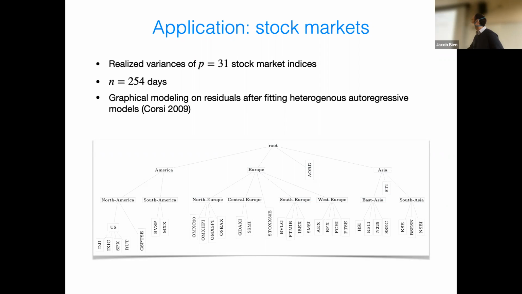a tree where every leaf is a different stock market index. The tree structure is based on geography. So all the North American ones are in a branch, and there's a Canadian one and then the US ones under it. And so we'll think about aggregating something about these.